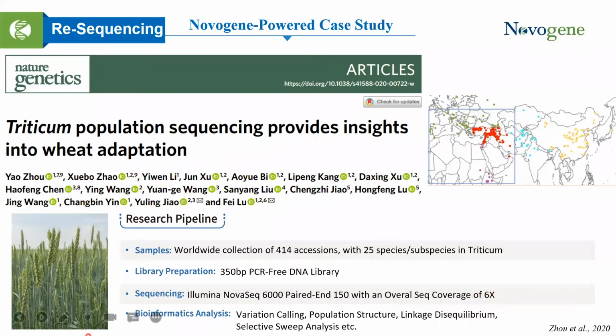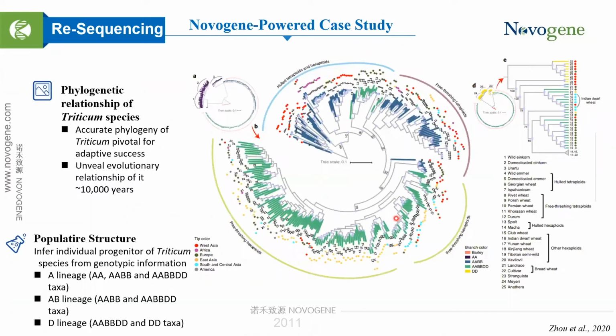And following the alignment to reference genomes and variation calling, they also applied a variety of advanced analyses, including population structure, linkage disequilibrium, and the selective sweep analysis, etc. Lacking accurate phylogeny of wheat was impeding active investigations of adaptations, and also the origin of it has long been controversial.